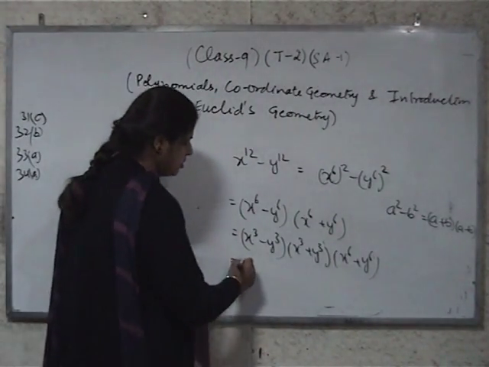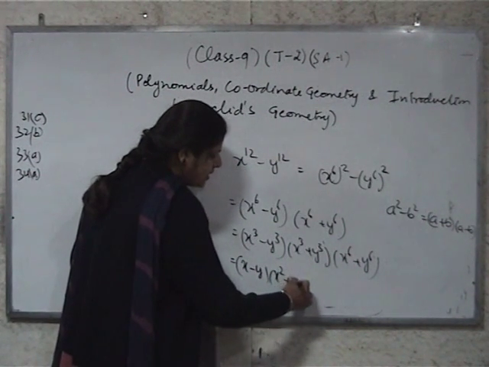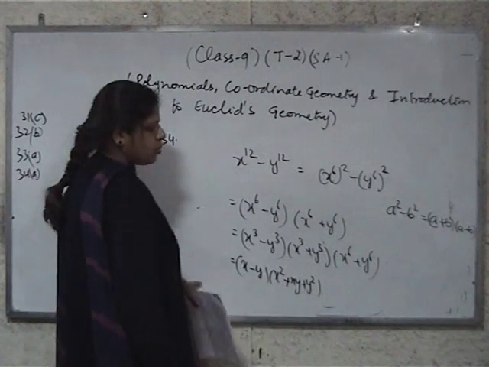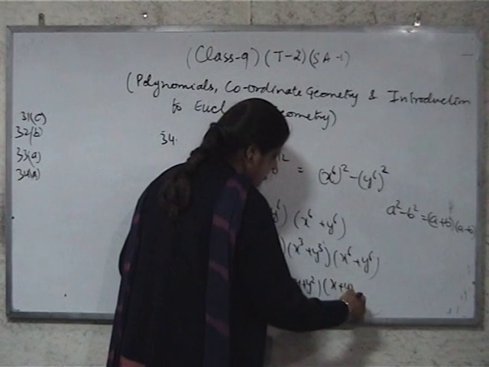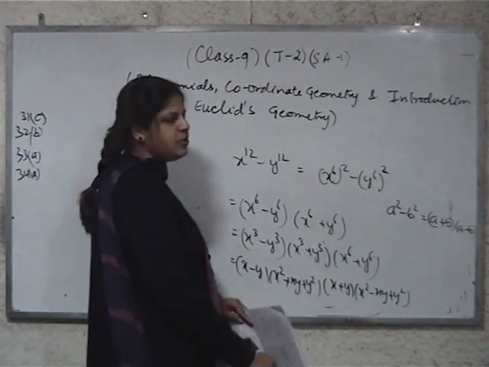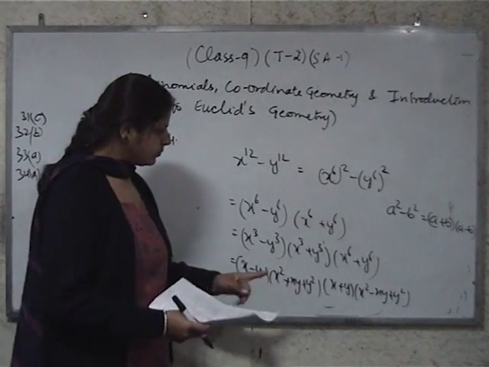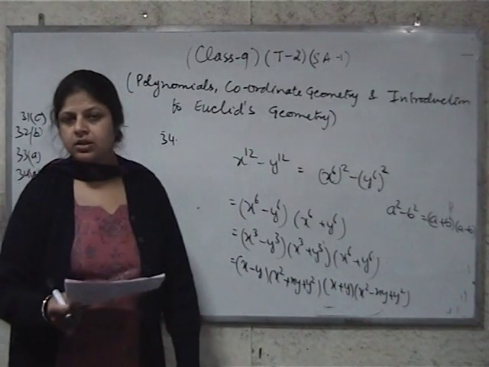a cube minus b cube is (a minus b)(a square plus ab plus b square). Similarly, a cube plus b cube is (a plus b)(a square minus ab plus b square). Now, x power 6 minus y power 6 is not in the answer.